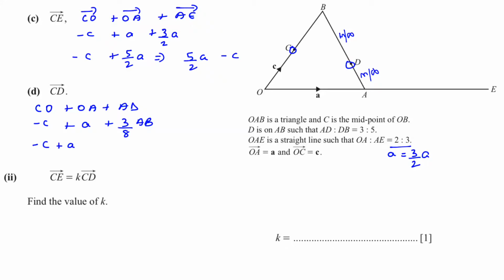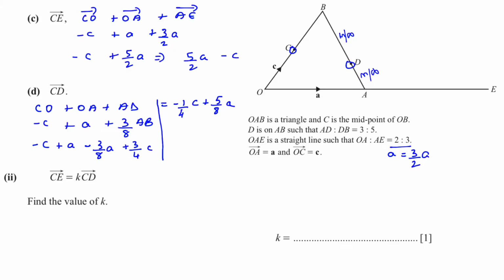Negative C plus A, and AD we already found before, we can just write that: negative 3/8 A plus 3/4 C. Add the like variables together, so negative C plus 3/4 C will give you negative 1/4 C. And 1A minus 3/8 A will give you plus 5/8 A.